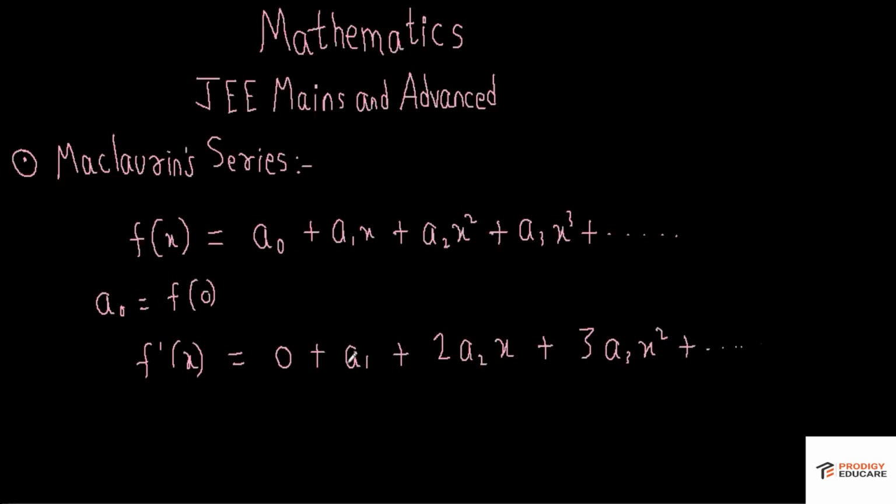Now I have to find a1, so I'll simply substitute x as 0 in this function. So I can write f dash of 0 as a1. So here it is, we got the formula for a1; here it was for a0, then it was for a1.